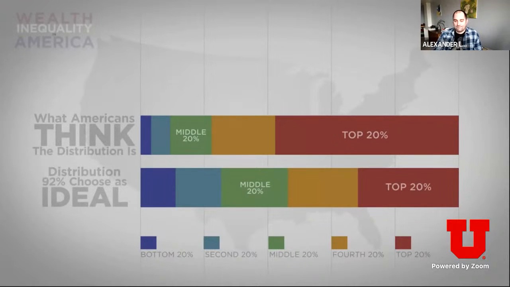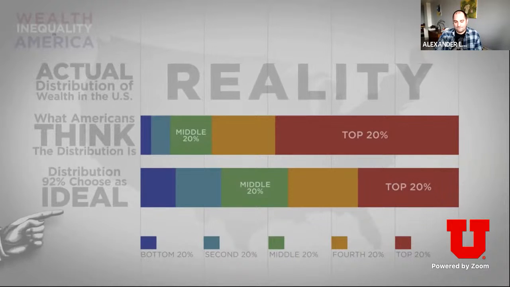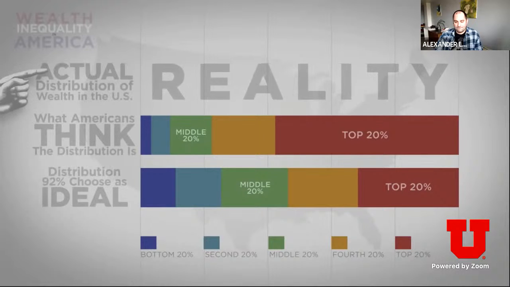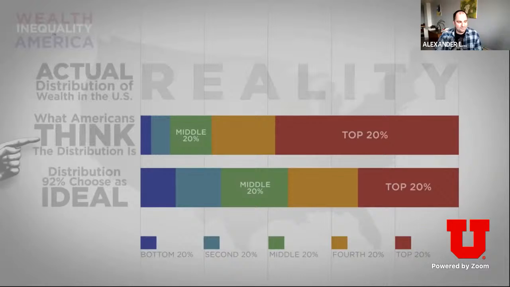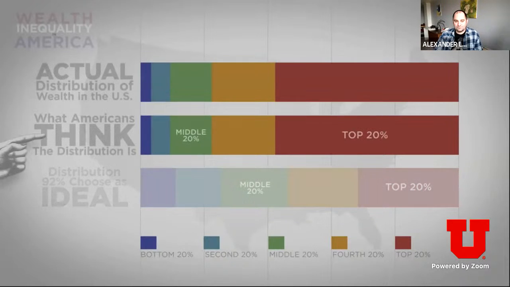Now that fact is telling, admittedly, the notion that most Americans know that the system is already skewed unfairly. But what's most interesting to me is the reality compared to our perception. The ideal is as far removed from our perception of reality as the actual distribution is from what we think exists in this country. So ignore the ideal for a moment. Here's what we think it is again.